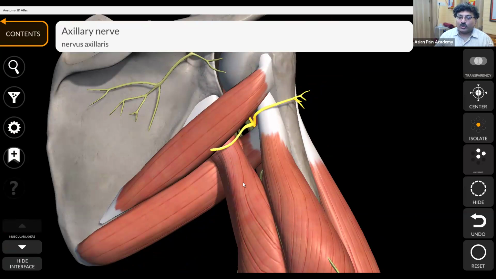Between these two muscles, these fibers are going inside. Then we go further lateral towards the neck of the humerus and the lateral head of the triceps. In this position, we get the circumflex humeral artery, along with the branches of the axillary nerve. So let me come back to the presentation.